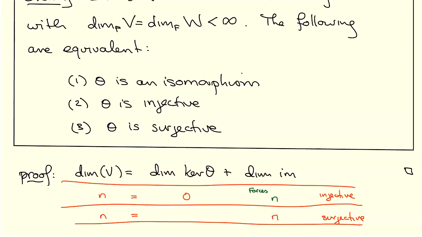That forces the kernel to be 0, which means you're injective. So injective implies surjective, surjective implies injective, so either one implies bijective.